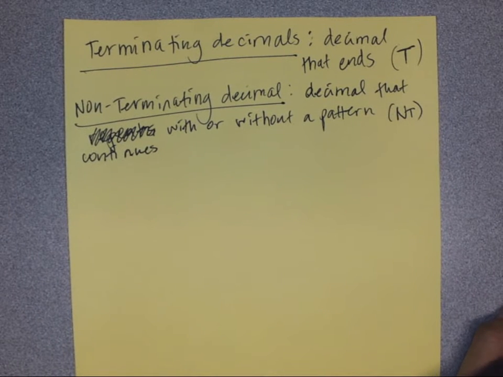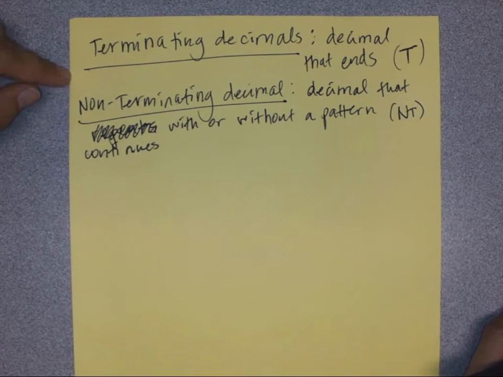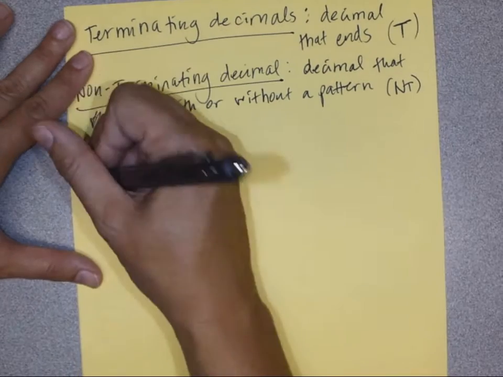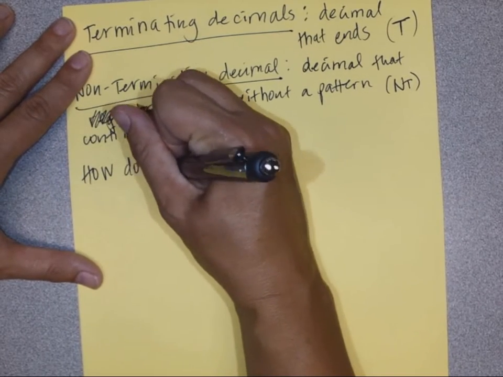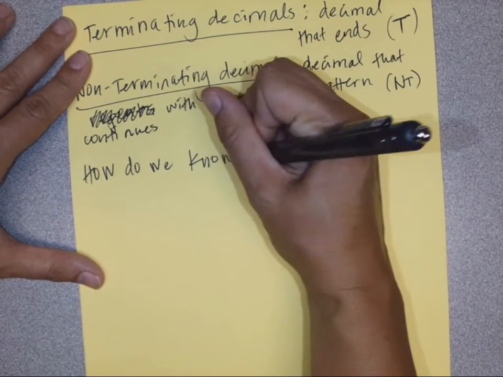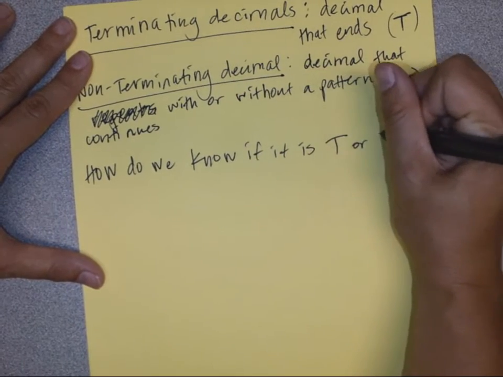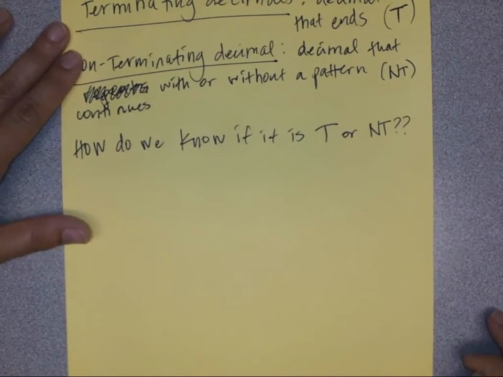Okay, so the question is, whenever we are turning a fraction to a decimal, how do we know if it's a terminating decimal or non-terminating decimal? That's the big question.